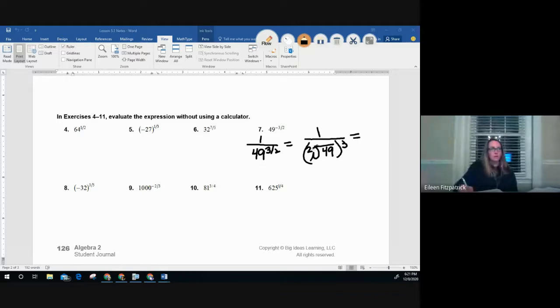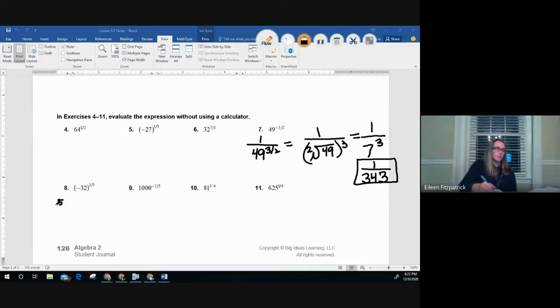The square root of 49 is 7, and then you have 7 cubed, which is 343. So 1 over 343.